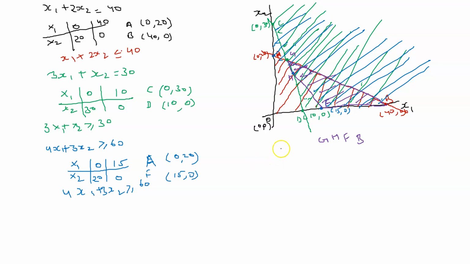For the red line, the equation is x1 plus 2x2 equal to 40, and for the green line, the equation is 3x1 plus x2 equal to 30.